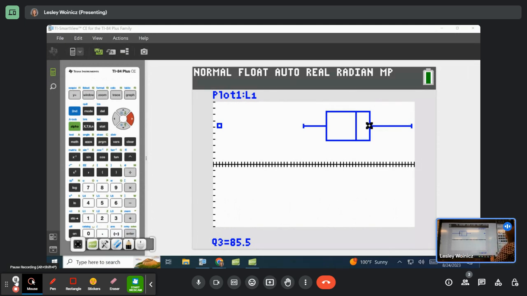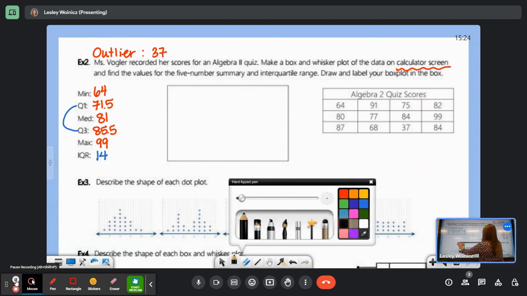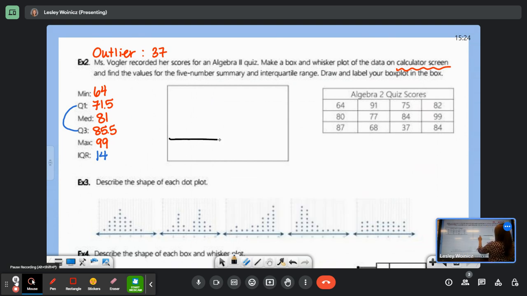I'm going to draw my axis. Okay, guys, everybody should be drawing. So I know that I have an outlier at 37.